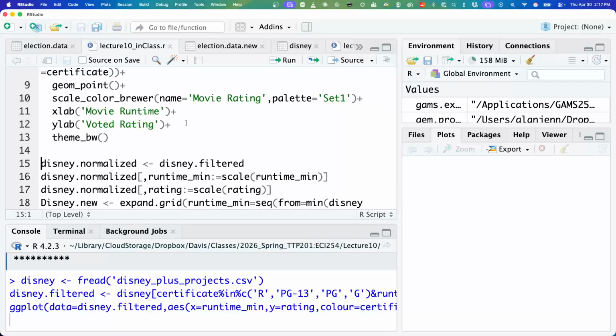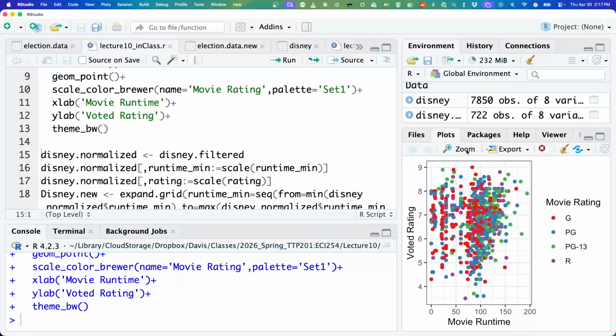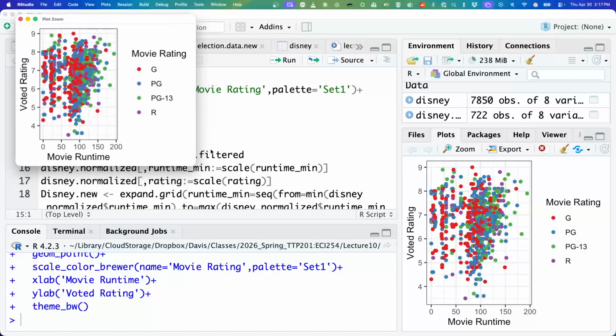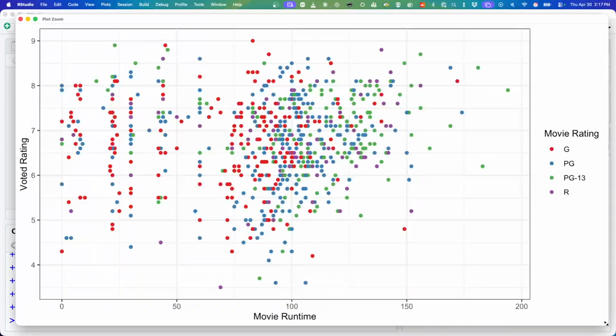As a reminder, what we're looking at is this data from our Disney Plus data set, where we look at how movie ratings correspond to the length of the movie and then the vote rating of the movie, right?